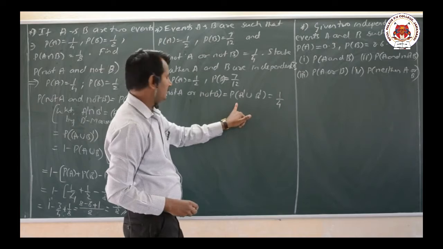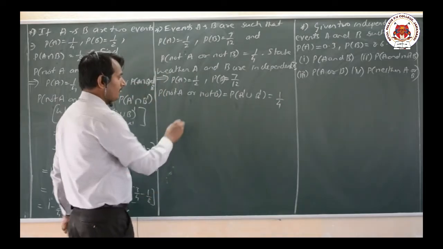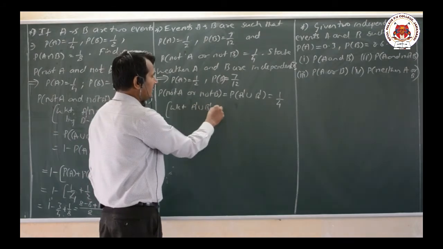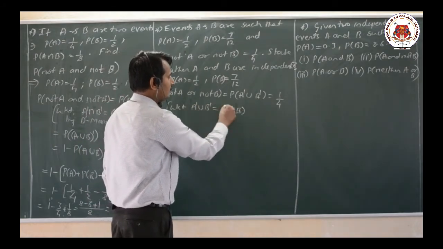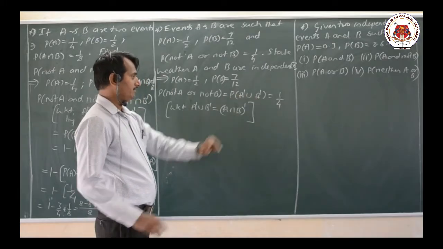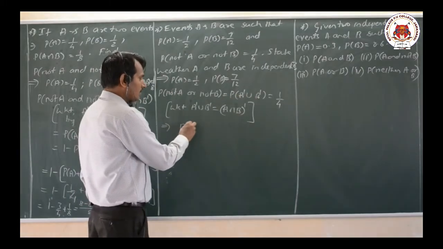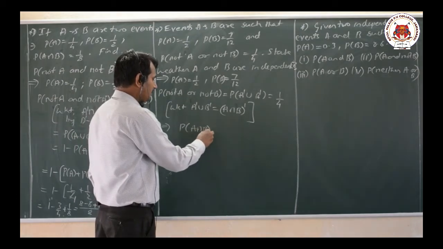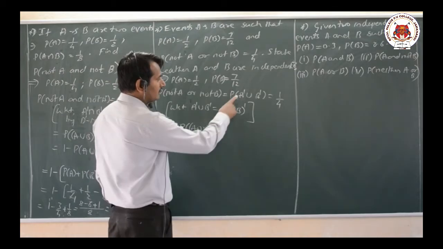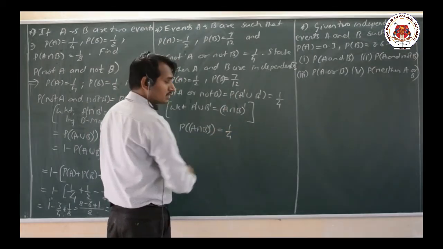I will manipulate it according to De Morgan's law. Also we know that A dash union B dash is nothing but A intersection B whole dash. That means P of A intersection B whole dash, that value is nothing but 1 by 4, dear students.